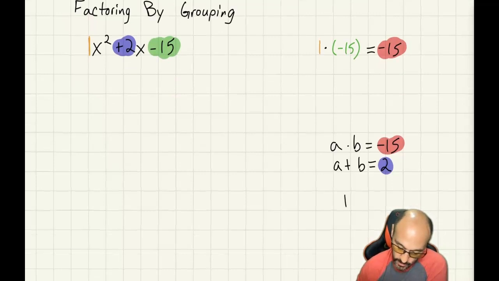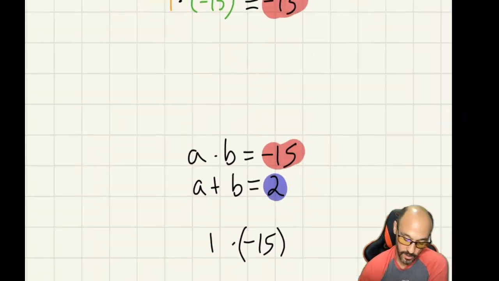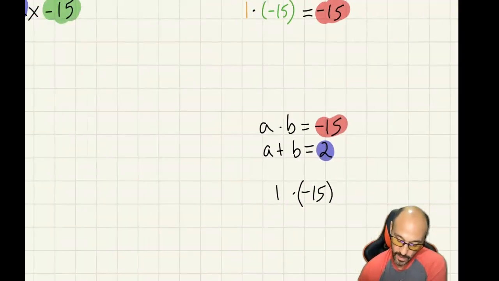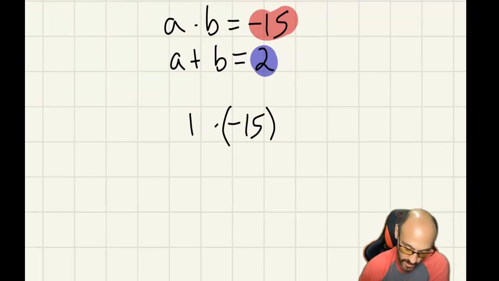Is it 1 times negative 15? No, because that will not result in positive 2 when we add them together. Is it negative 1 times positive 15?